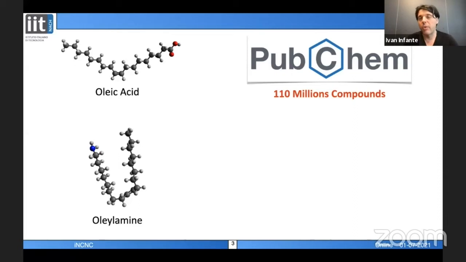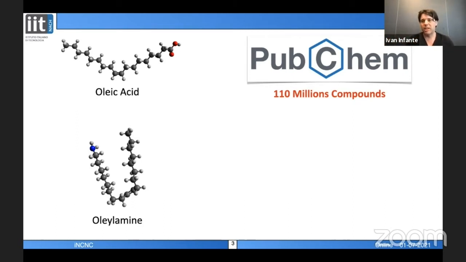We immediately noticed that these databases would grow very large. There are databases as big as billions, 200 billion structures, only by considering molecules with an organic chain of up to 15 or 16 atoms.